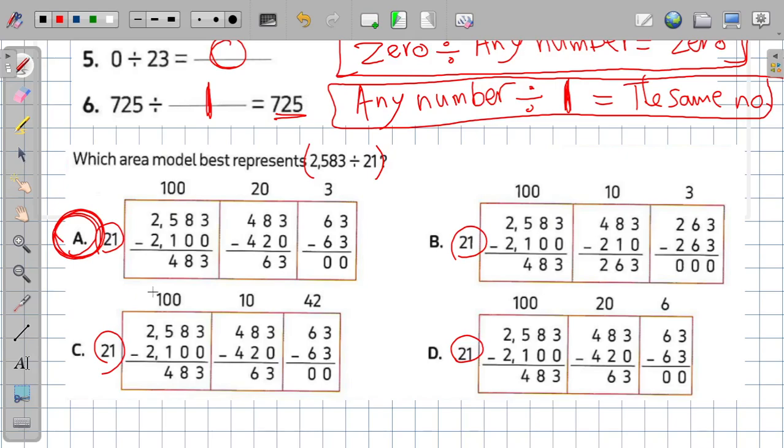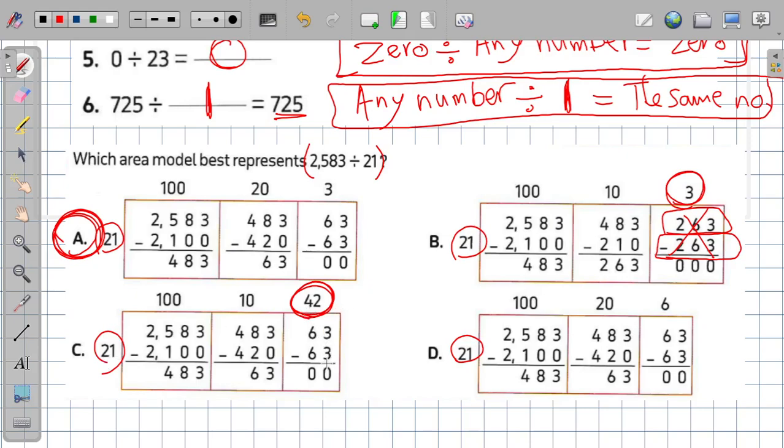Okay, but let's look at the other models. The first one here, there is one mistake, and this mistake is this. If I want to divide 263 by 21, the result will not be 3. So this is not right. And the third one here, the mistake will be like this. What is this? 63 divided by 21 is 42.